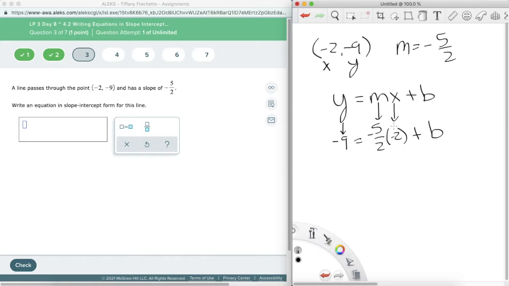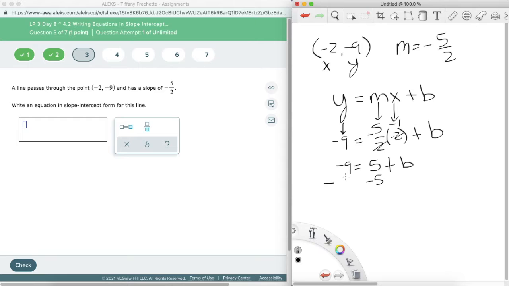So with this one, I have negative 2, and I'm dividing by 2. So 2 divided by 2, well, that's 1. But there's a negative there, so it's going to be a negative 1. So I have negative 9, and then I have negative 5 times negative 1. It's a positive 5. Two negatives multiplied together give you a positive, plus b. So now to get b all by itself, I'm just going to subtract 5 from this.